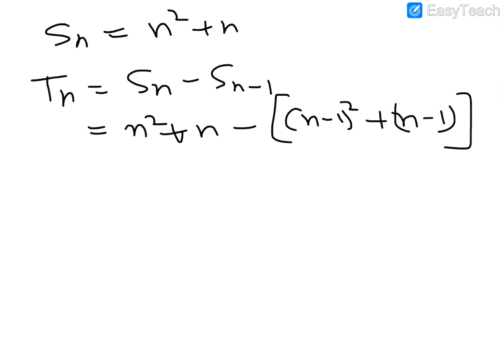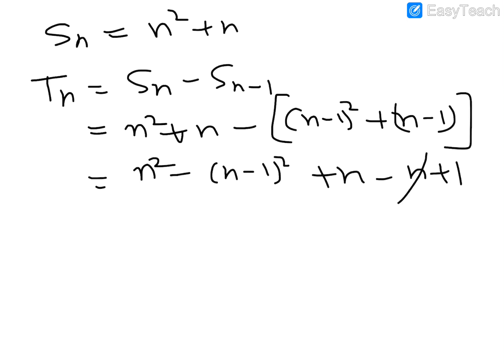Now I can write n square minus (n minus 1) square, and this plus n minus n plus 1. This n cancels here, and n square minus (n minus 1) square is in a square minus b square form. So it will be (2n minus 1) into 1 plus 1.